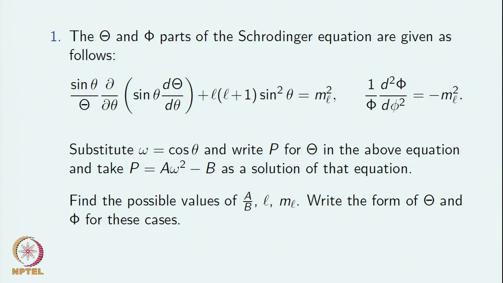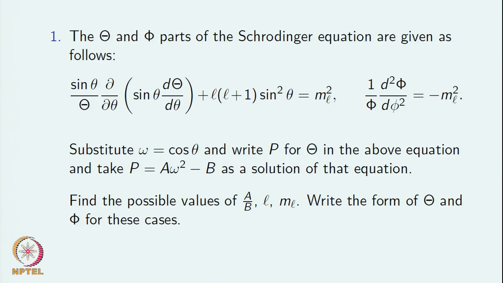You are given the Schrodinger equation for theta and phi, and you are asked to make a substitution wherein omega, or w, is cos theta, and substitute for capital Theta as P, and try to solve this equation by taking P as a omega square minus b, a general solution for P in terms of omega.